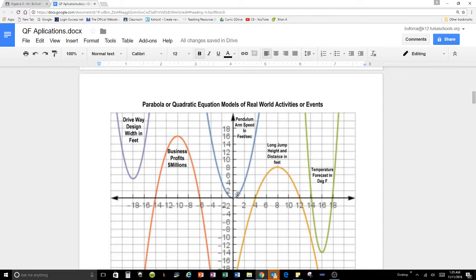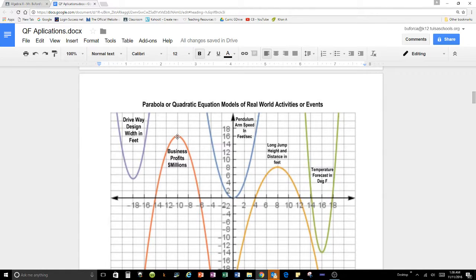Remember we said that h is the horizontal distance from the vertex to the value of x where x is equal to 0. So if we go to the vertex, that distance there, that h, always is the line that cuts the parabola right in half, such that on each side of this line, the parabola is a mirror image of each other. That's why we call it the axis of symmetry.